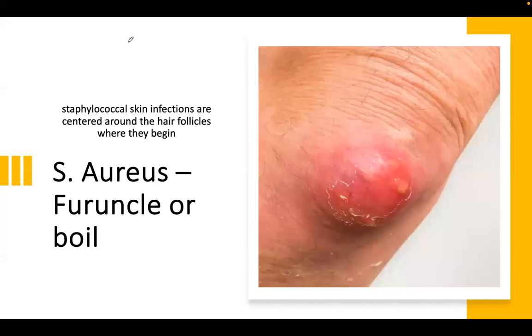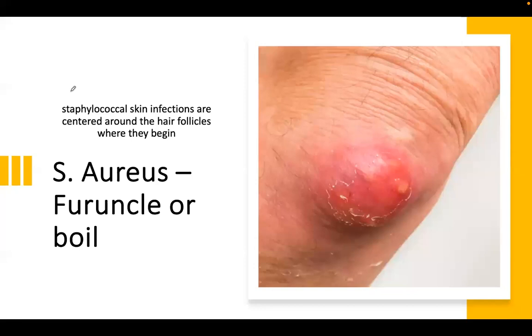So what is the management of a carbuncle? It's going to be incision and drainage. And of course, we have the antibiotics.